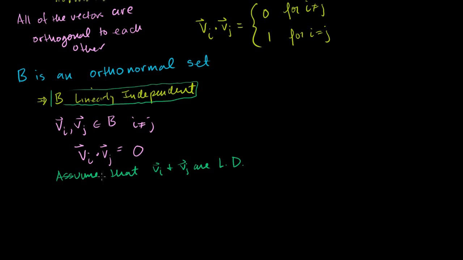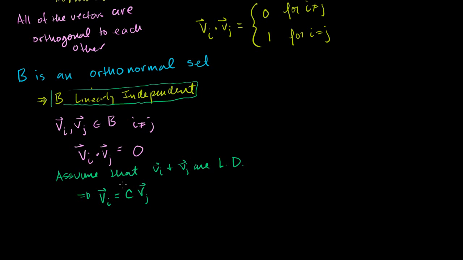Well, then that means that I can represent one of these guys as a scalar multiple of the other, and I can pick either way. So let's just say, for the sake of argument, that vi is equal to some scalar c times vj. That's what linear dependency means, that one of them can be represented as a scalar multiple of the other.